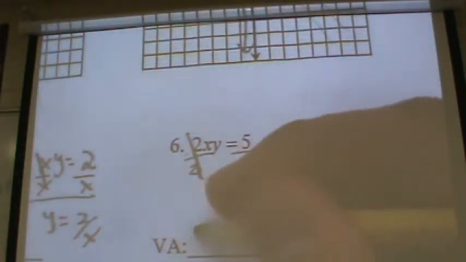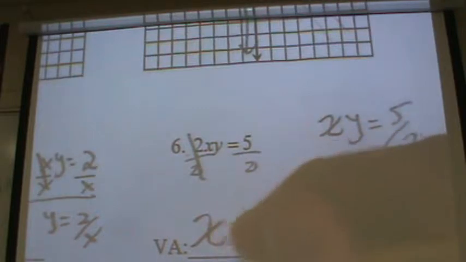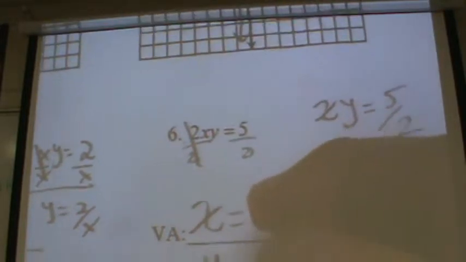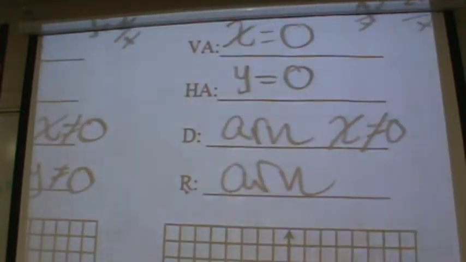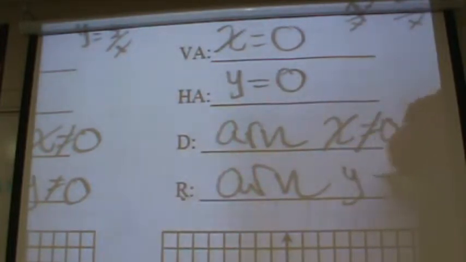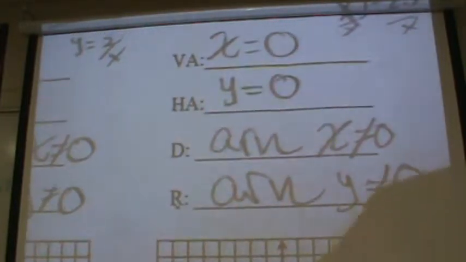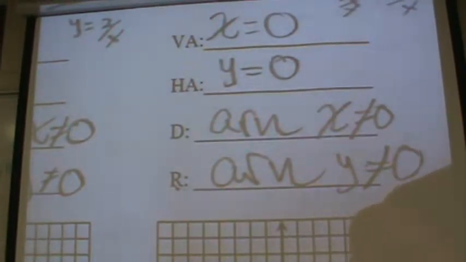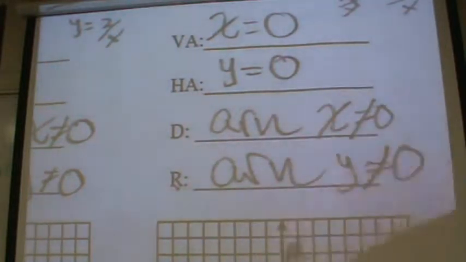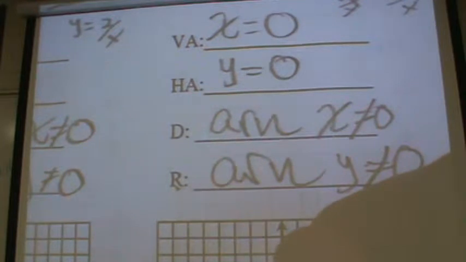The vertical asymptote will stay the same, x equals 0. Simple horizontal. Domain as well. Y will not equal 0. Good. Go over 1, up 2.5. Over 2.5, up 1. So over here, 2.5.